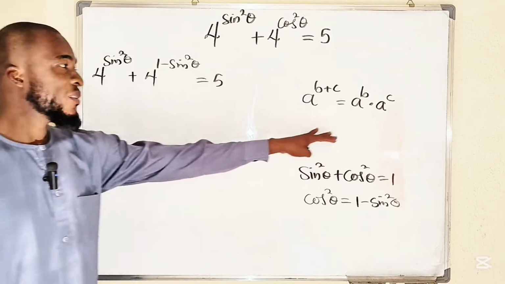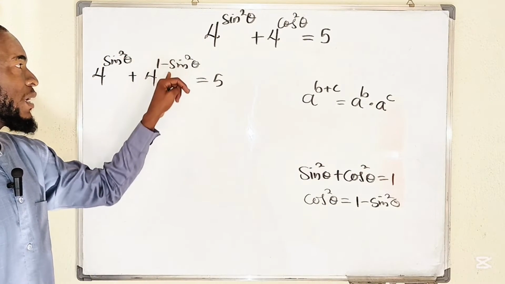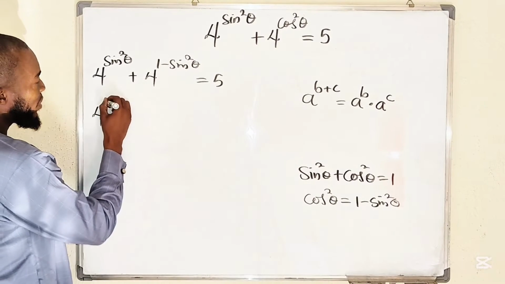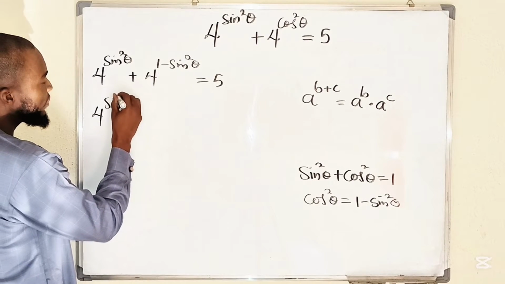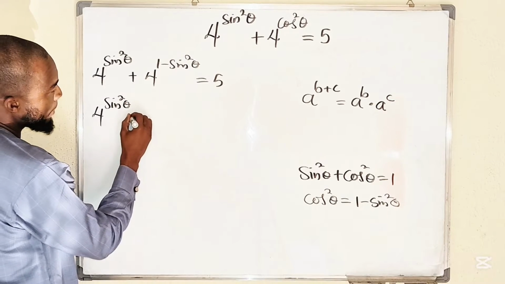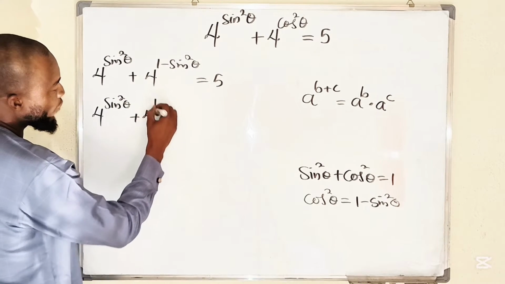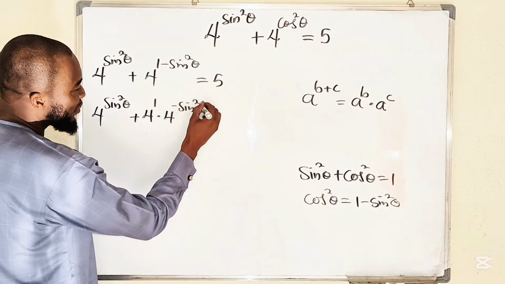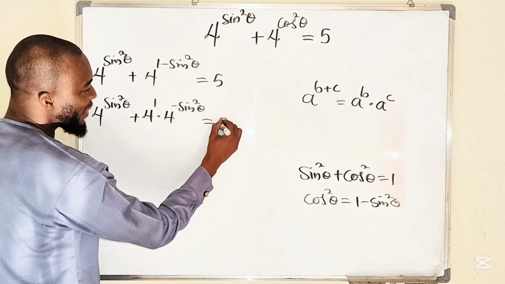We can apply the same law here because we have 1 and negative sine squared theta. So we have 4 raised to the power of sine squared theta plus 4 raised to the power of 1 times 4 raised to the power of negative sine squared theta equal to 5.